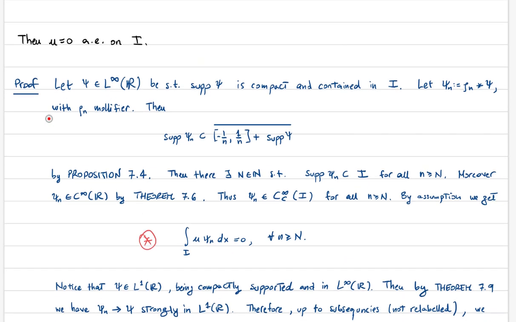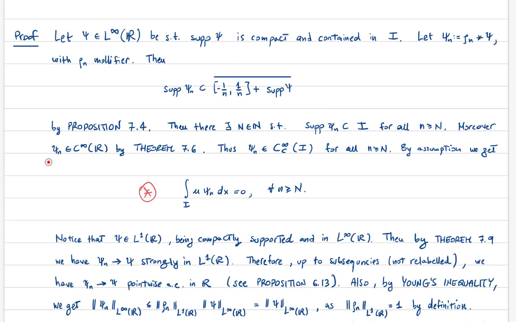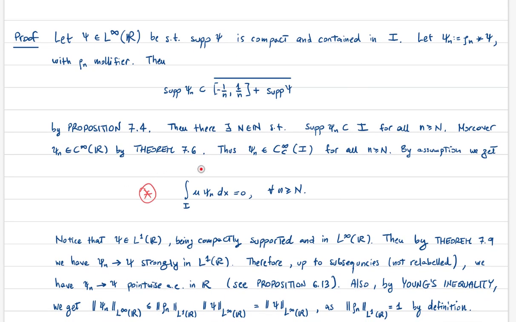As psi n is defined as a convolution, and theorem 7.6 is telling us that convolutions have a smoothing effect, so you end up with something C infinity.